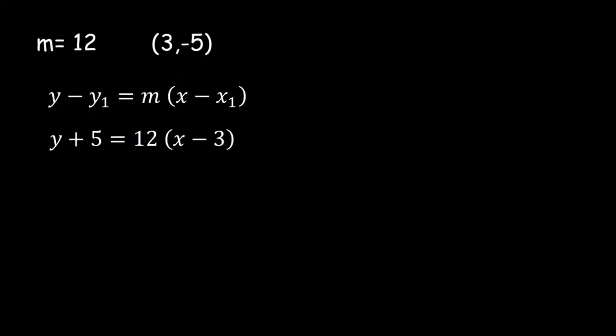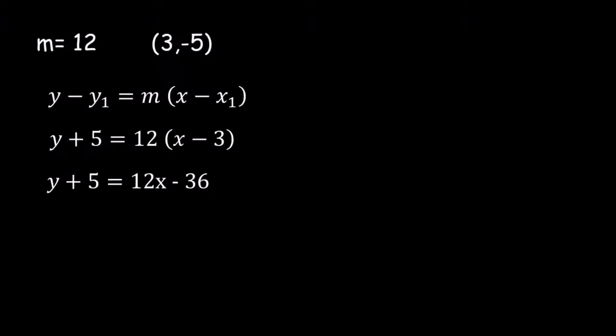We made 5 positive because according to the formula we use minus, and since it is already negative, negative to negative becomes positive. Now, we'll distribute 12 to (x minus 3). So our equation will be y plus 5 equals 12x minus 36.